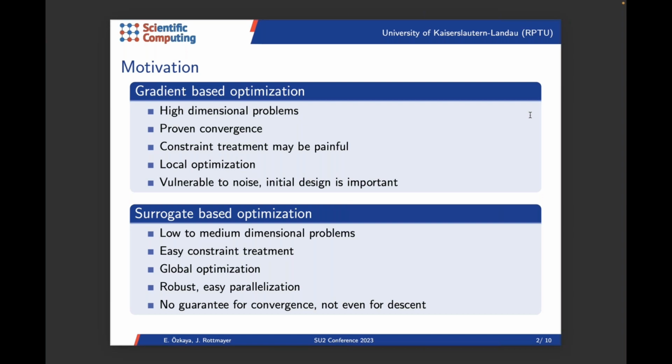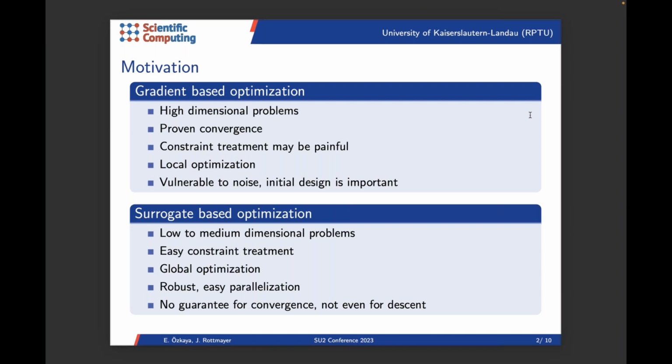Surrogate-based methods, what I will present today, are tractable for low or medium dimensional problems. You cannot increase the dimensions as much as with a gradient-based method, but there are also a lot of problems out there which are low or medium dimensional. Let's say you have 20, 30, 50 design parameters, but not 10,000, right?